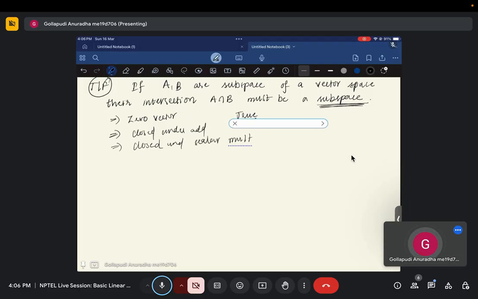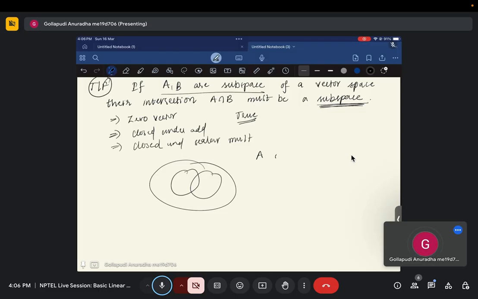Suppose you have a vector space V where A and B are subspaces, as in the question. So A has a zero vector and also B has a zero vector. So this intersection cannot be empty, right?